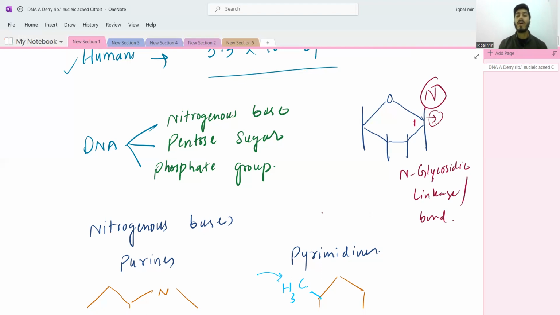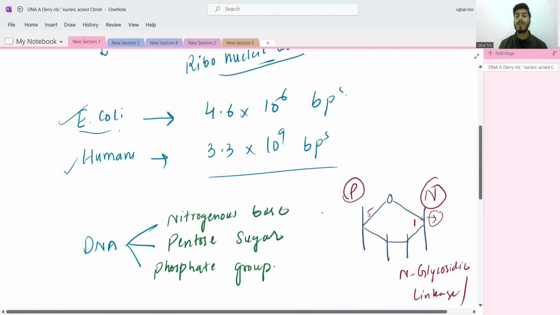Okay, on the other hand, on the 5th carbon, you can see here a phosphate group is attached to the pentose sugar. This phosphate group is attached to the pentose sugar with the help of which bond? Yes, everyone? This bond is called, I will write it here, phosphodiester bond.